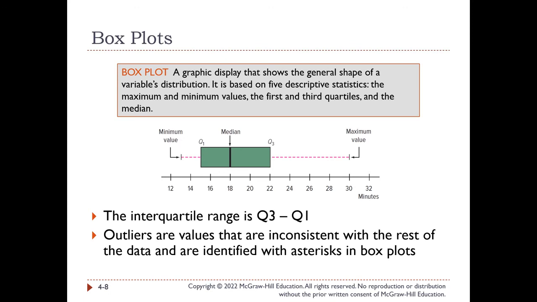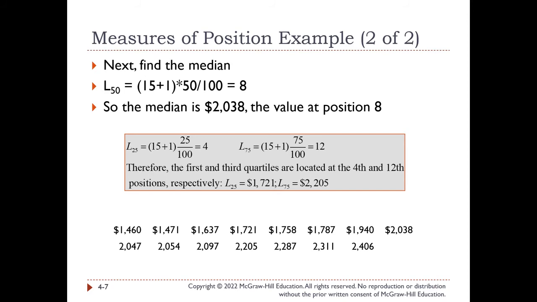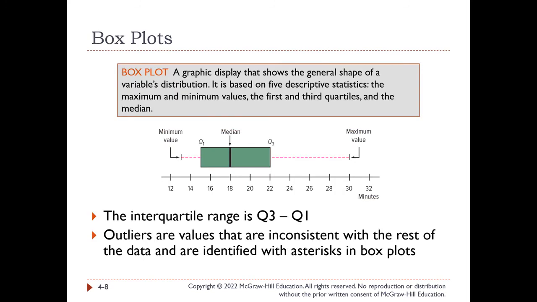Okay, so this is why we did the measure of positions over here. We found the median, the first quartile, and the third quartile. The interquartile range is our Q3, or quartile 3, minus quartile 1.